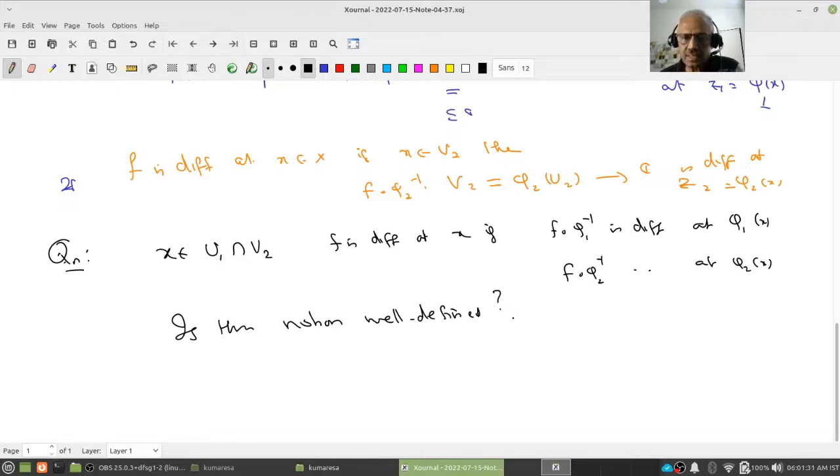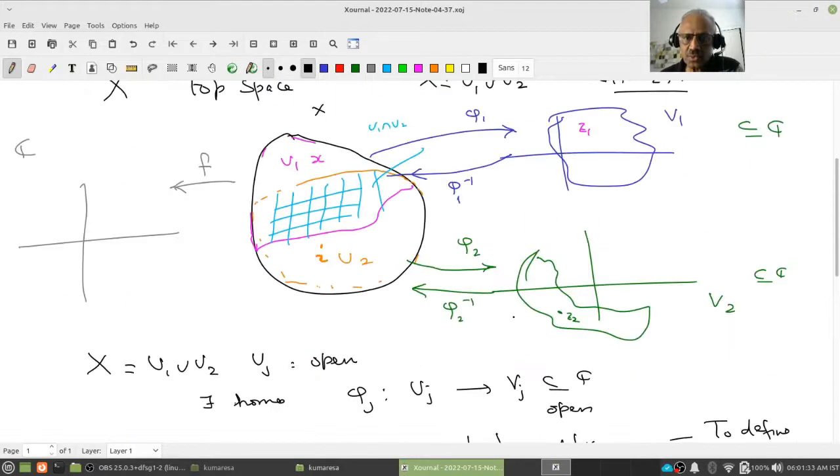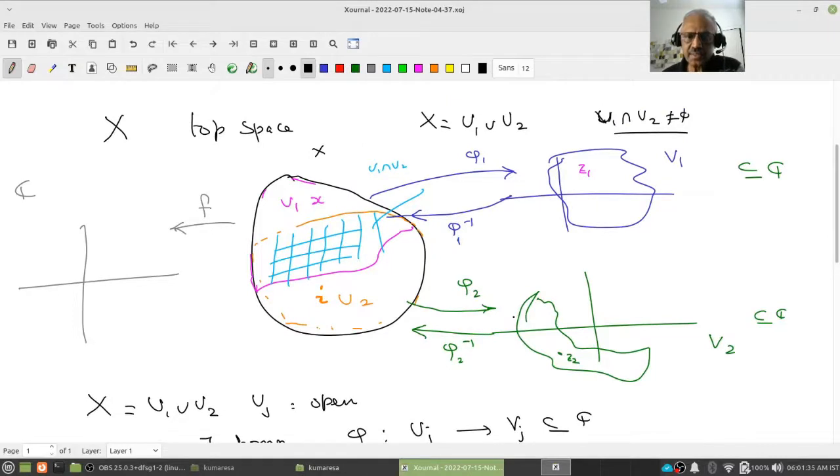Now let's try to understand this. Again, let us go to the picture. Suppose x is here, this is my x, which is common. Now you can see u1 intersection u2 will be somewhere like this.